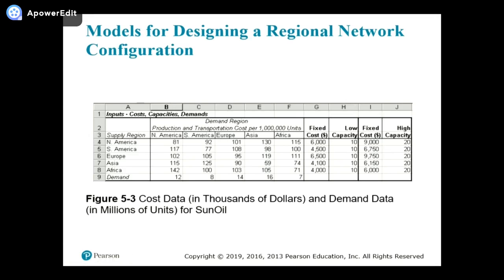So we could build a low capacity supply in a region or high supply capacity in a region. And these capacity costs do exhibit economy of scale. So even though the capacity of a high capacity plant is twice as much as low capacity plants, the cost is less than twice as much.